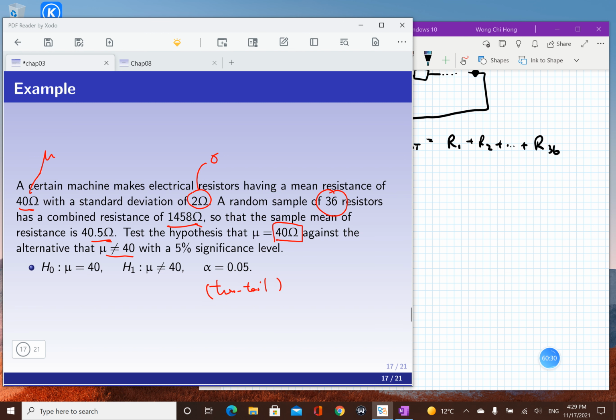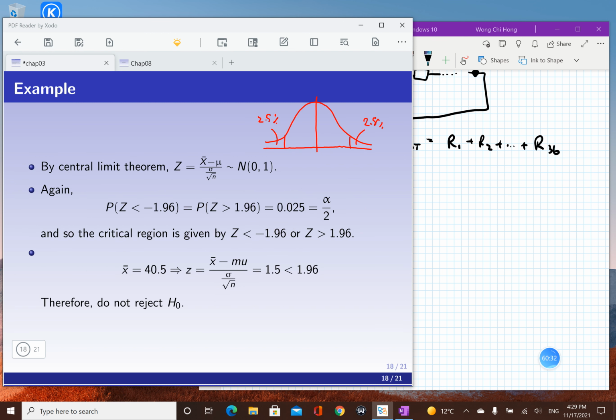And therefore I need to divide, so I need to have my critical region in two bits. One of them being too large and one of them being too small. After all, you don't want your resistance to be too large or too small from 40.